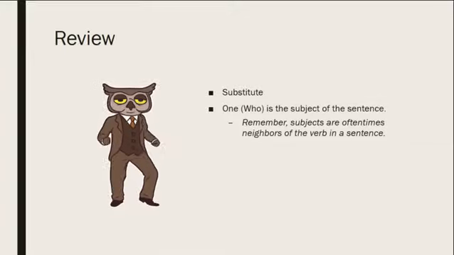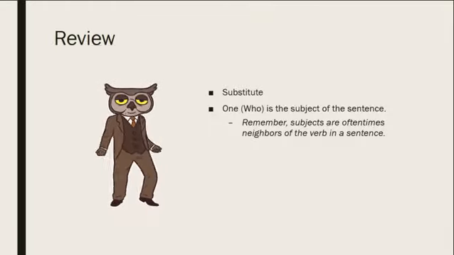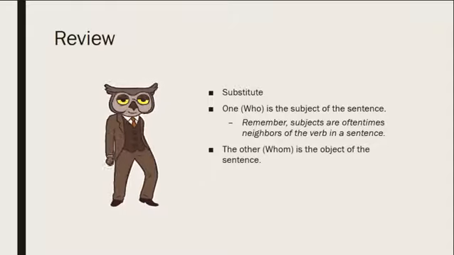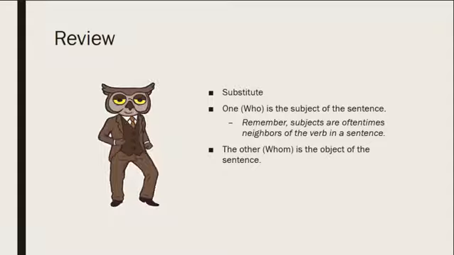The other thing to keep in mind is that who is the subject. So oftentimes you're going to see the verb right next to that word. Like it says there, most times they are neighbors. Not always, but many times they are. The other, whom, is always going to be the object of the sentence. It's like whoever takes the action in the sentence is the subject.